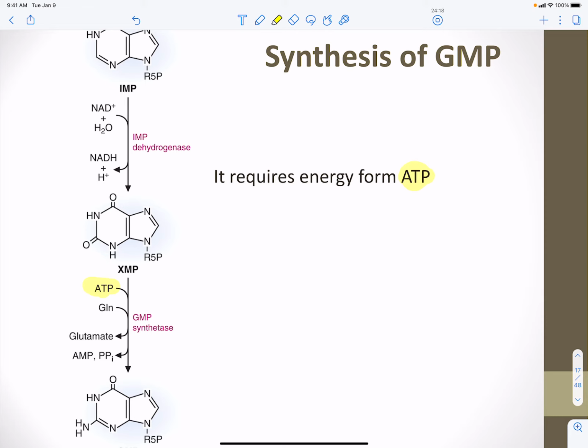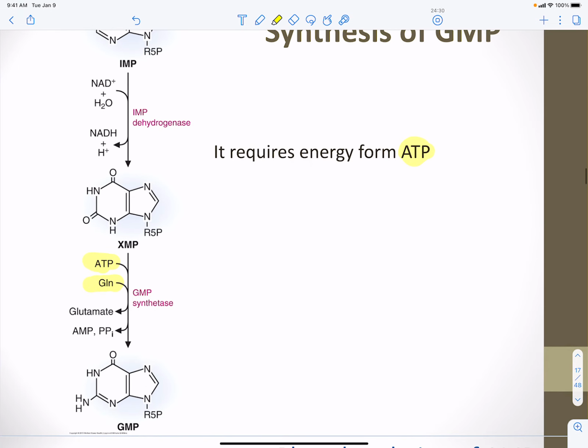And then glutamine will then donate a nitrogen to form GMP. So here's glutamine coming in to give that nitrogen to form the GMP. So here we have our xanthine, XMP, xanthine monophosphate, and then the donation of your nitrogen from glutamine. And of course this requires ATP.